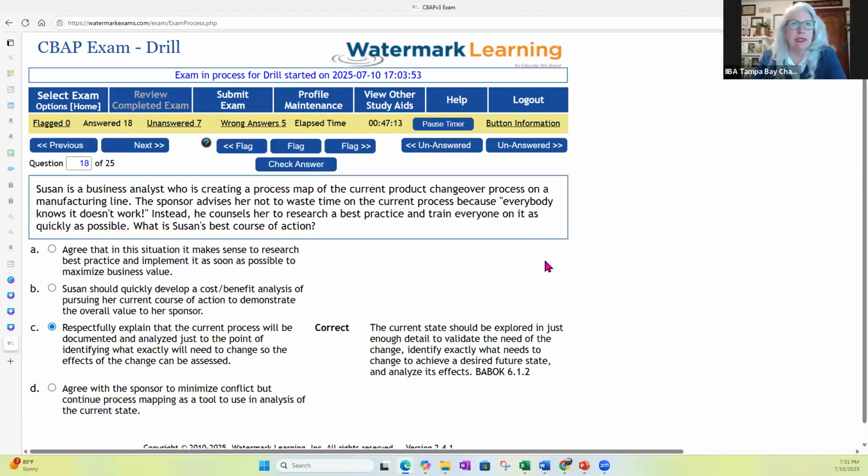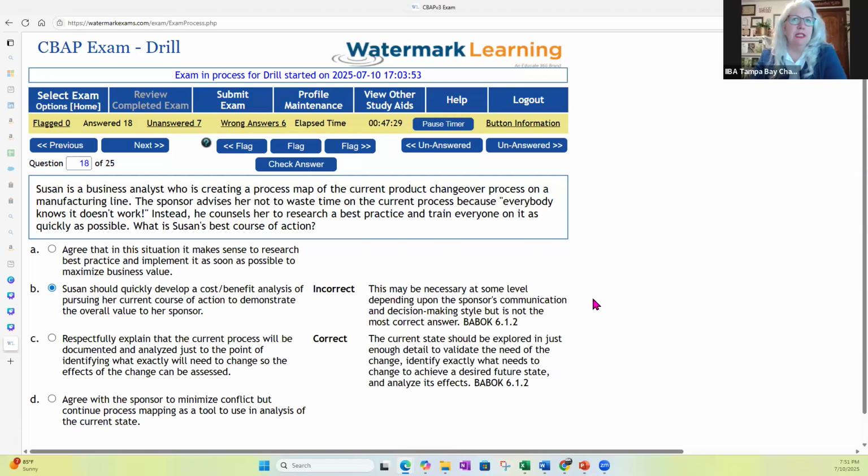Let's test it. The current state should be explored in just enough detail to validate the need of the change, identify exactly what needs to change to achieve desired future state, and analyze its effects. Let's look at what it says about B. This may be necessary at some level depending upon the sponsor's communication and decision-making style, but it is not the most correct answer.